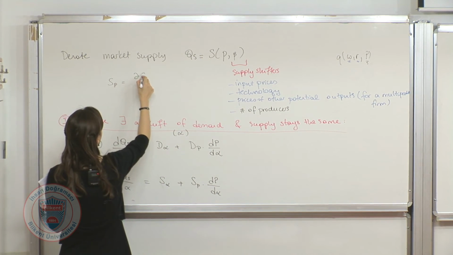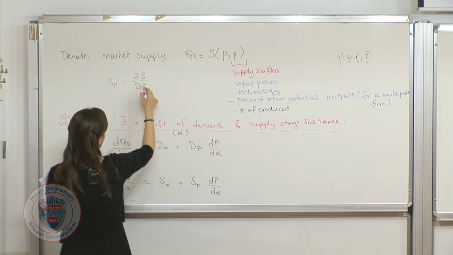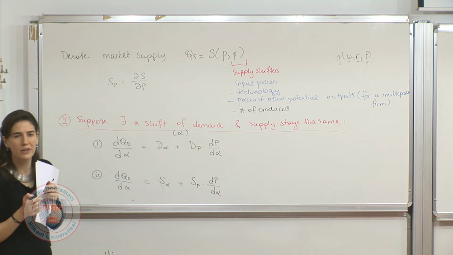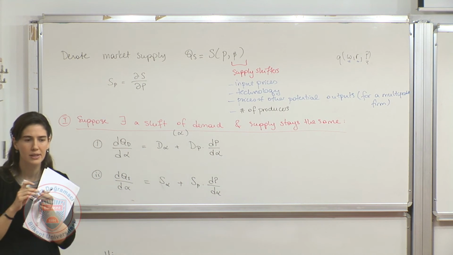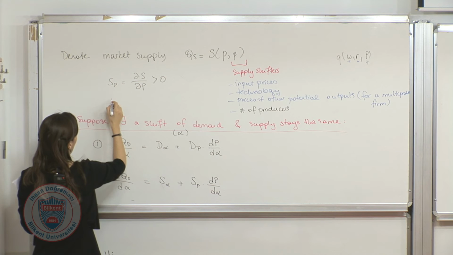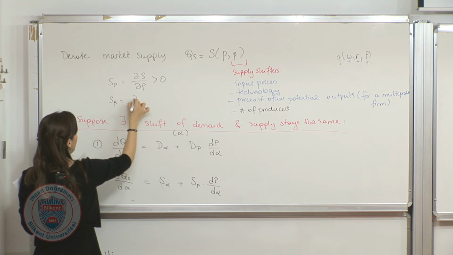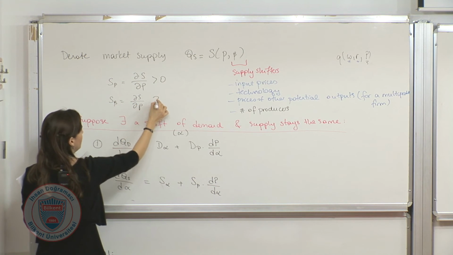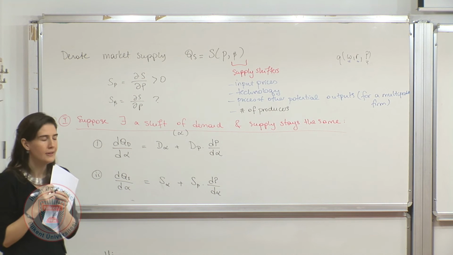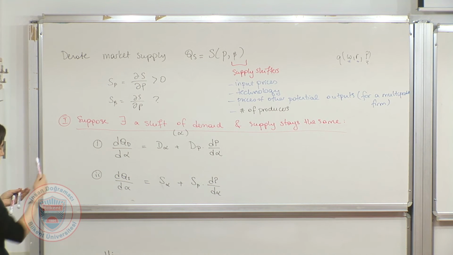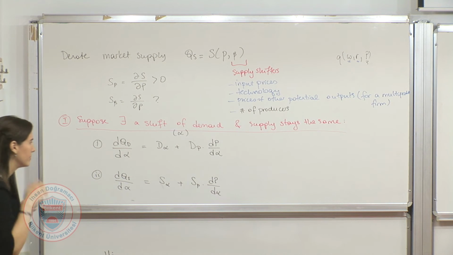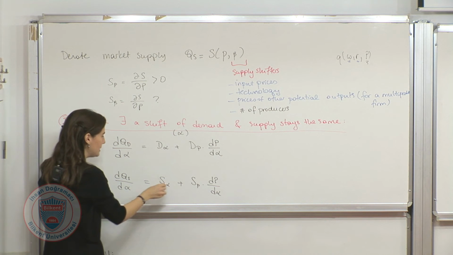Let's call this del S over del P. What is the sign of this? It is positive. And what about S_beta, del S over del beta? Again, we don't know. It depends. So now, what can I say? Can I say anything further here? So what is this guy?